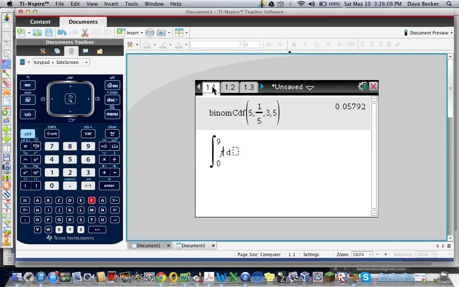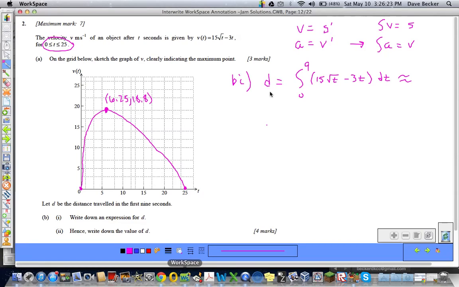Isn't that awesome? F3(x) dx, easy, enter, 148.5. And of course, we shall round that to 3 significant figures. So that is approximately equal to 149. What's our unit? Meters. Done like a bun.